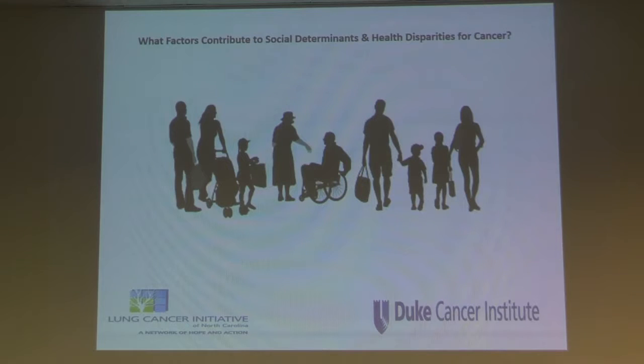So when we talk about things like social and environmental factors, institutional racism is a big one, and can lead to a lower level of health care, lower level of quality of care, and can also lead to lower level of lung cancer screenings as well for folks who are at higher risk for lung cancer.